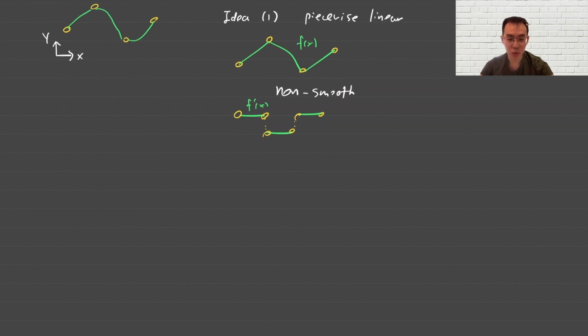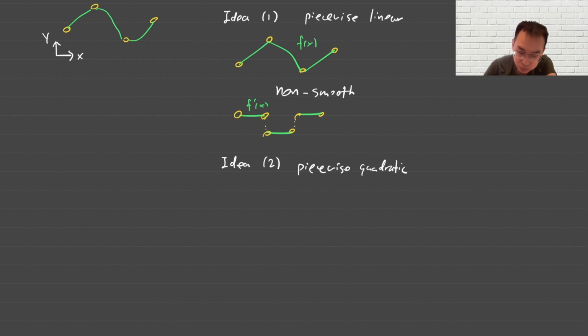And so how do we improve this idea? The simplest thing is that we can keep going and make our first derivative continuous. So this is idea two, and we can do a piecewise quadratic. A quadratic cannot bend like this; it's going to bend and then do this.